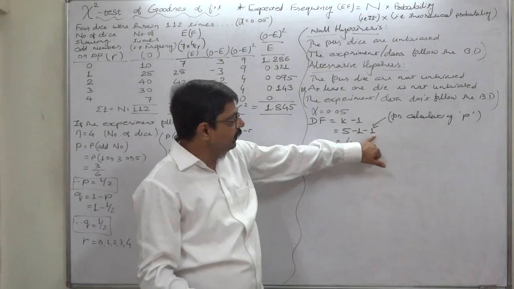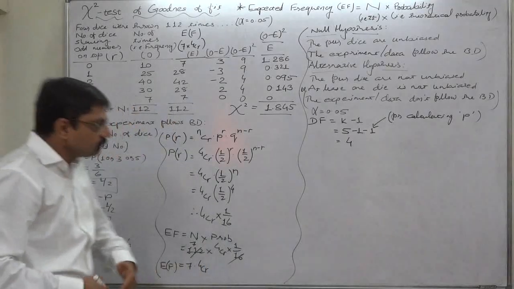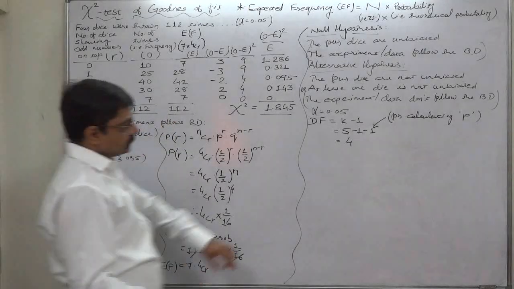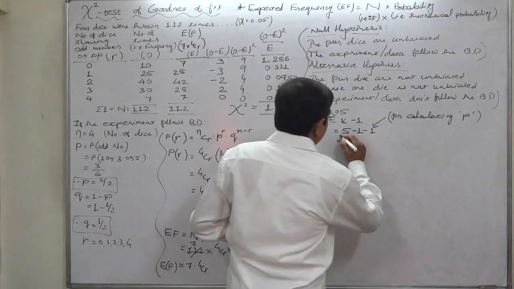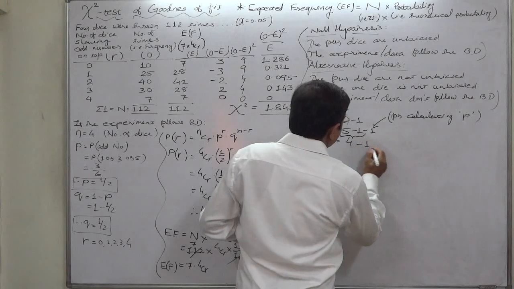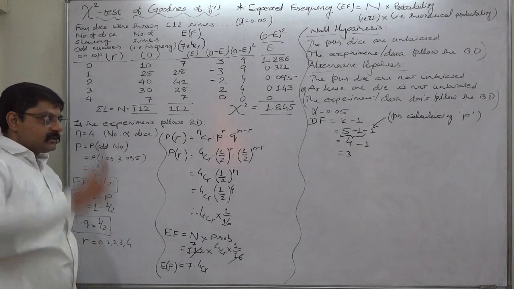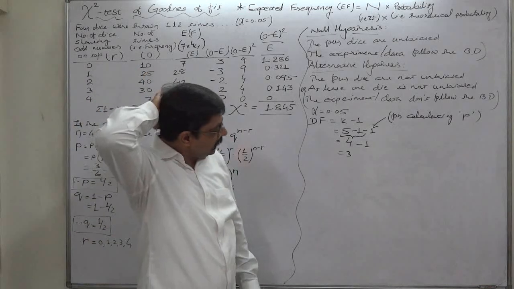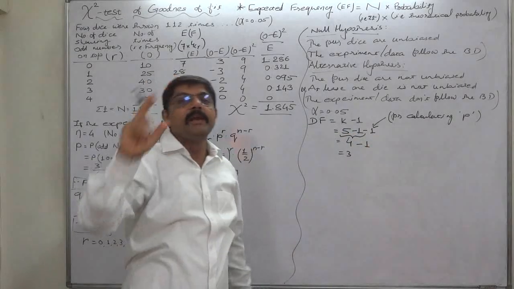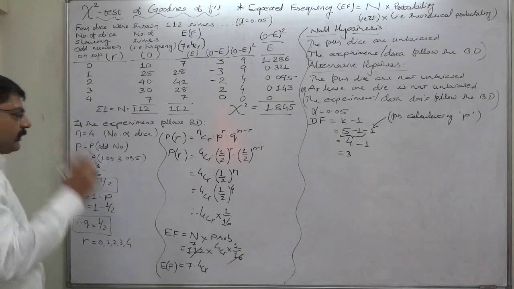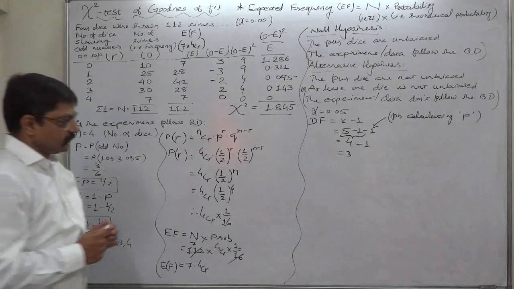Some authors don't prefer to subtract additional 1 for calculating P. And there are some or many authors who suggest subtracting 1 additional for calculating P. I am one of them. Yes. Similarly, in case of Poisson distribution, we have to subtract additional 1 for calculating mean or lambda. Yes, that we will discuss at the time of studying Poisson distribution with respect to chi-square test.